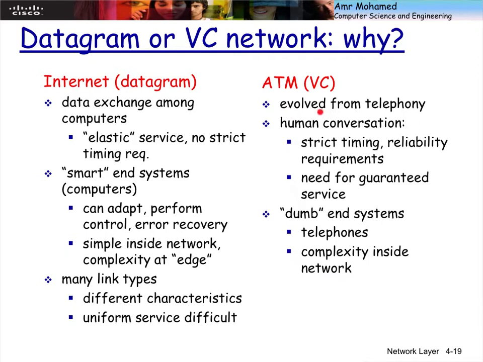So with the establishment of these virtual circuits, there is an overhead because you have to do some signaling for call setup, okay, before you start communication. And then this will allow you to provide exact quality of service guarantees in that case. However, this has lost ground a great deal because of what?